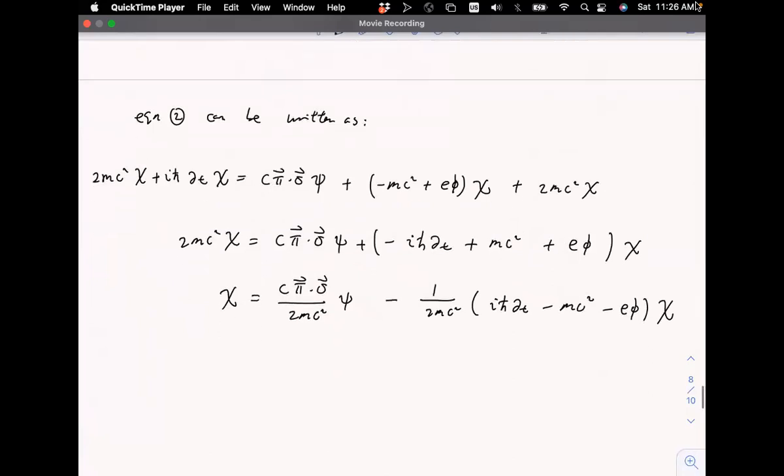Okay. And then of course you can cancel this C. So you have only one C. So you cancel this C, so you only have one C in the bottom.